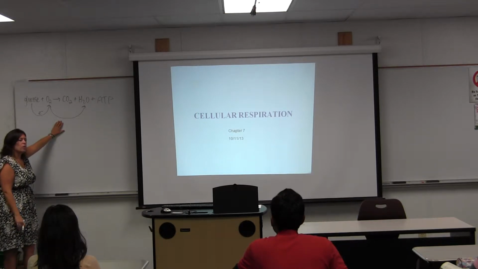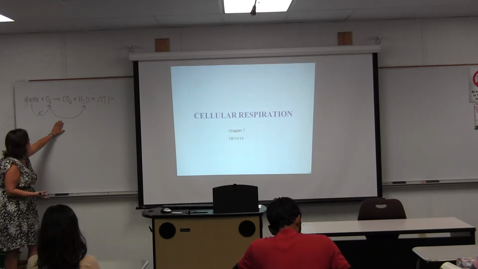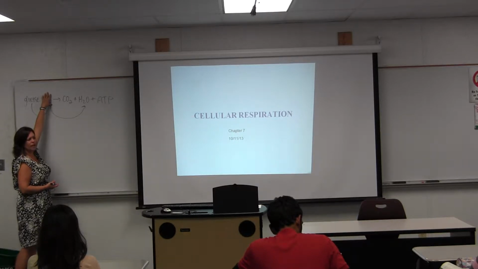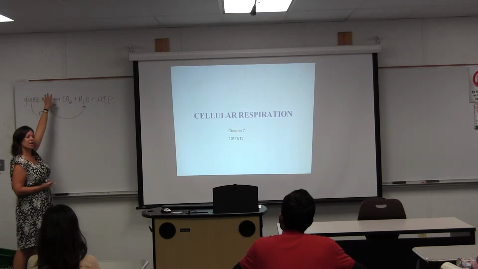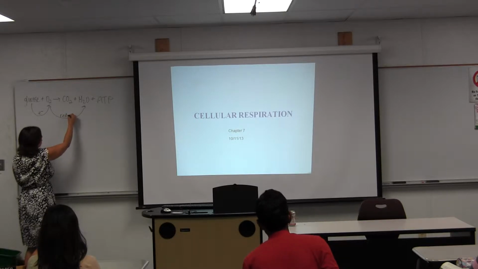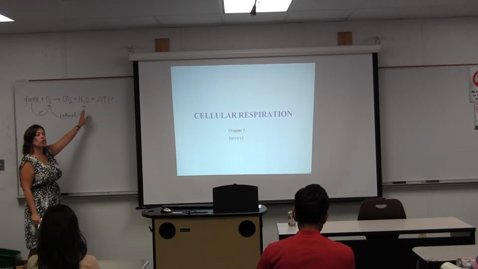Since we are donating electrons to oxygen, and I think we talked about redox reactions already, since oxygen is gaining electrons, we say that it's being reduced. So oxygen is being reduced to form water.